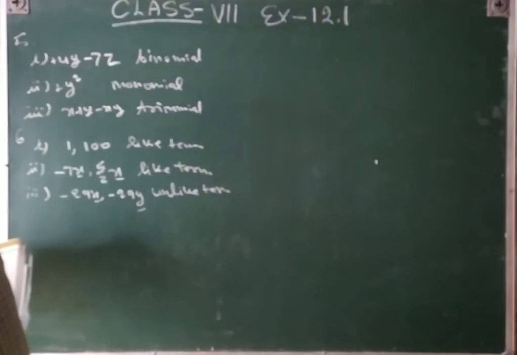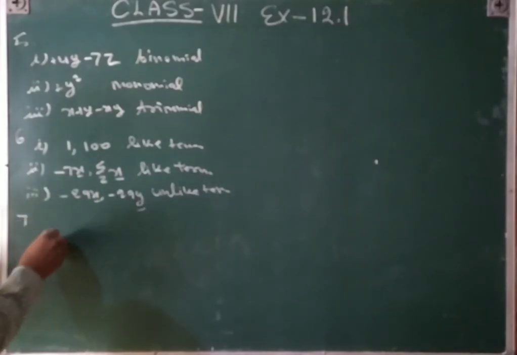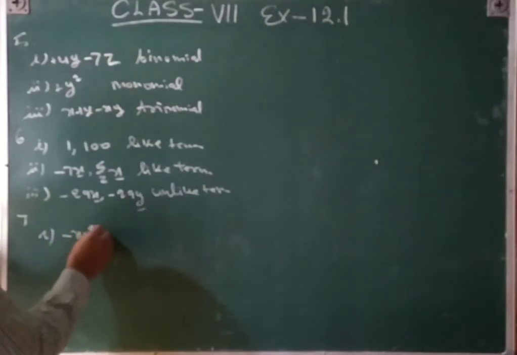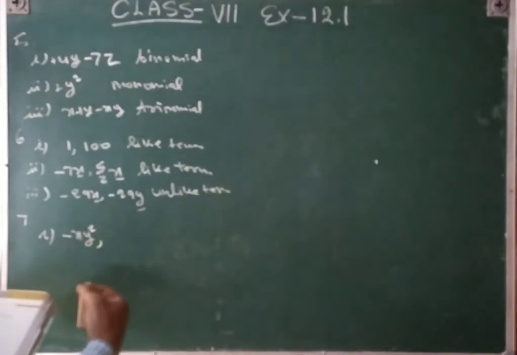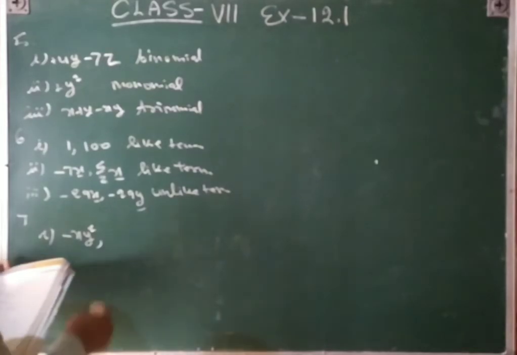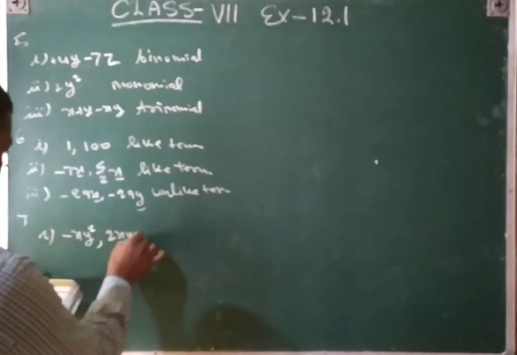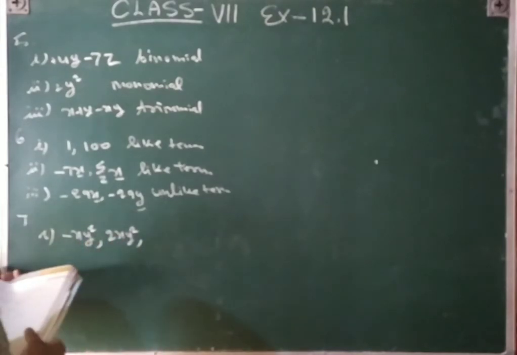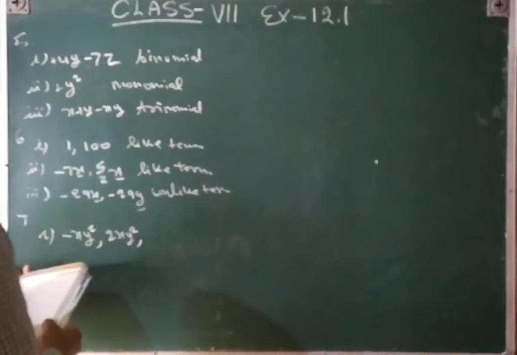Identify the like terms in the following. Like terms you have already seen, that is the first part. So xy square minus xy square. Now you will write the xy square terms here. So that is xy square, that is 2xy square. That's also the same, xy square. And then the other is not given there.